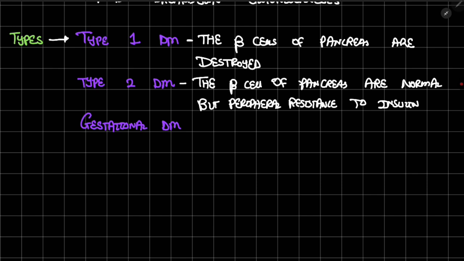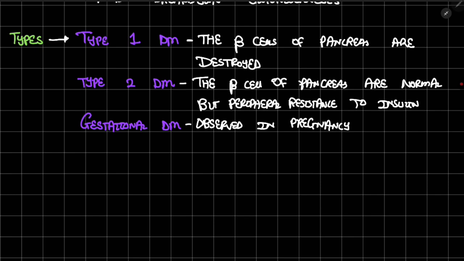So in type 1 we see the problem in the biosynthesis of insulin, and in type 2 we see that the peripheral resistance to insulin is increased. And gestational diabetes mellitus is observed in pregnancy.